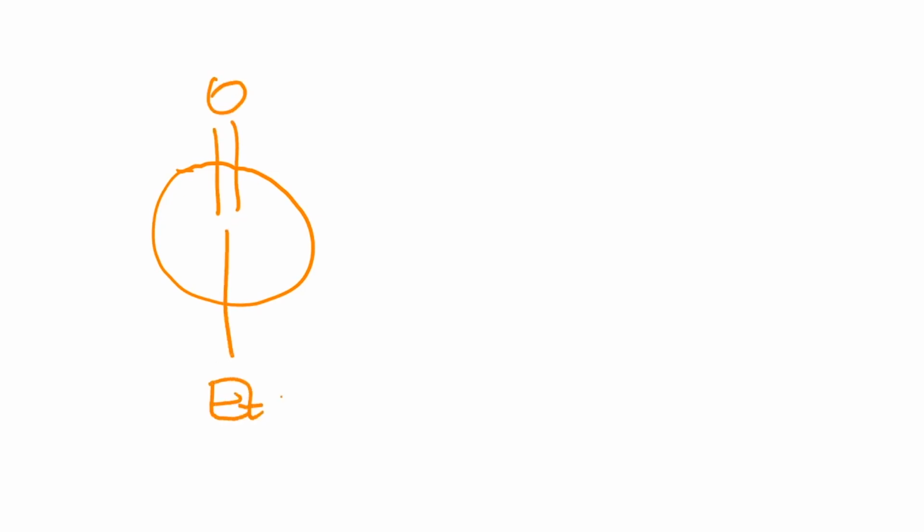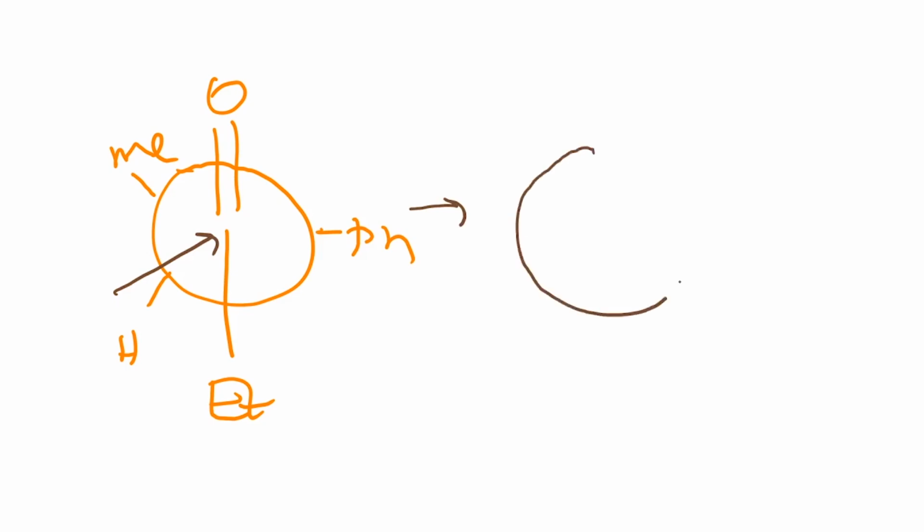So the product that we will get: start with this C double bond O, Et is here, phenyl is here, methyl is here, hydrogen is here. And now, as we discussed, the hydride is going to attack from here. Once this attack happens, the immediate product that you're going to get is this.